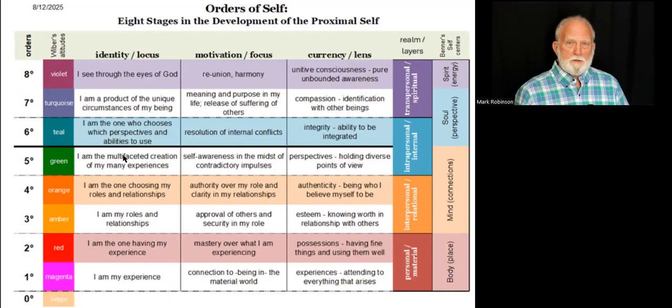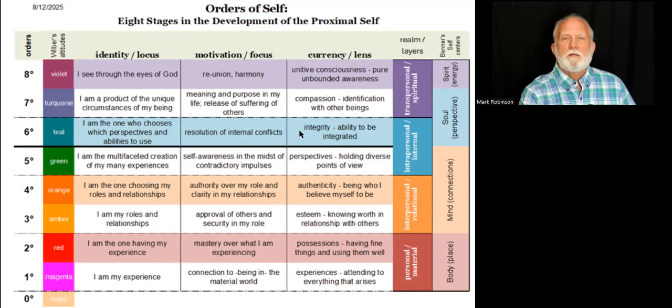I can't go to the grocery store without taking my ego with me, but that's not my primary identity. That's like the car I drive. That's not my fundamental identity. And that distinction, that movement from dual to non-dual awareness, is something that happens here between fifth and sixth order. And you'll notice there's that dark line that is that demarcation.